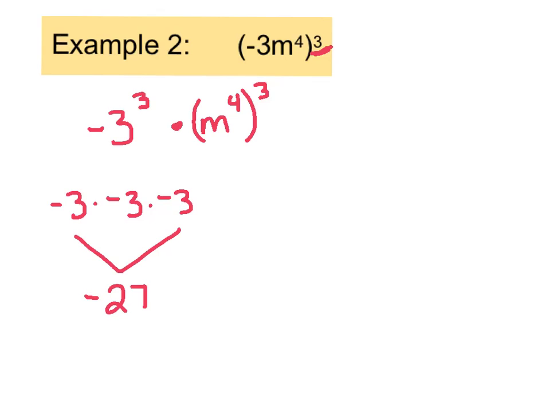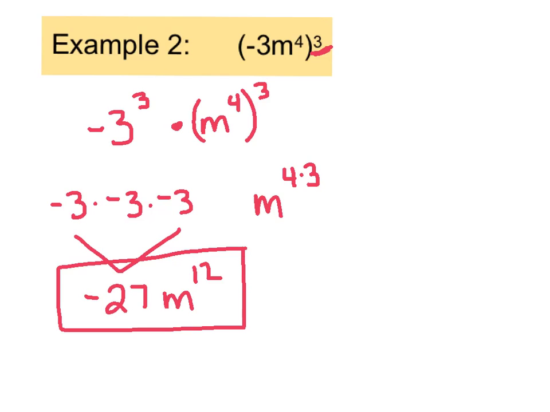If I apply my shortcut, m to the 4th to the third power means I will need to do m to the 4 times 3, which will give me m to the 12th power. And that is about all I can do with that problem.